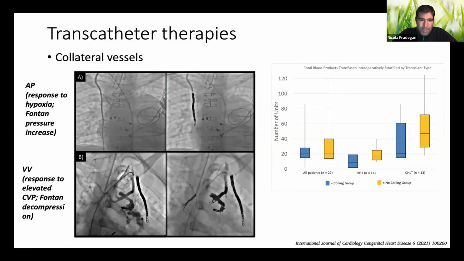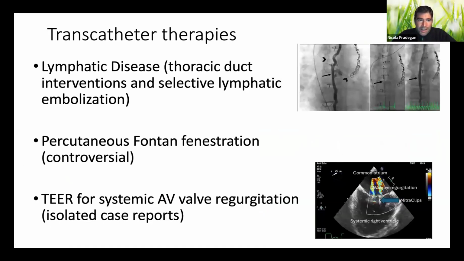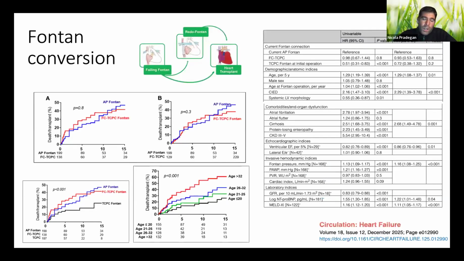But of course, the management of these collaterals before transplantation can have a significant impact on bleeding intraoperatively, as well as the number of blood and plasma units used during these procedures. Other transcatheter therapies, such as lymphatic disease management, percutaneous Fontan fenestration, which is still controversial, or transcatheter edge-to-edge repair for systemic AV valve regurgitation, are represented by isolated case reports.